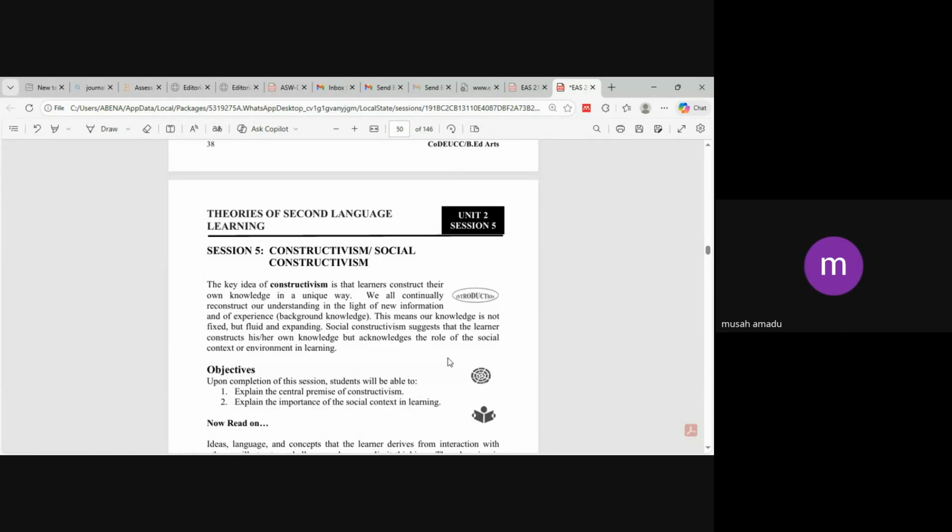So we are going to look at the tenets of constructivism. So I think I've already echoed that. Why am I hearing my voice like that? Hey, no one is replaying my voice to me now. Right.